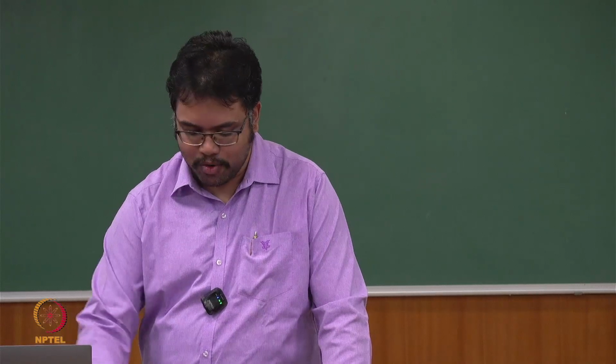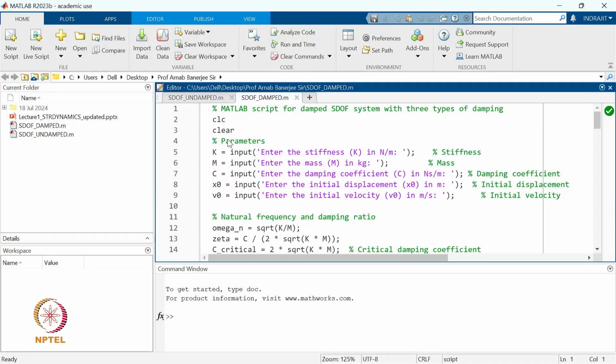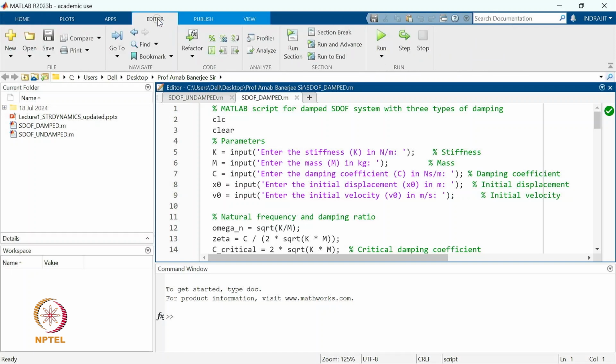So we have the MATLAB code. Here also you can see it as in the last class. You can go to the editor, run. It is first asking to enter the value of the stiffness. Maybe I can just put it randomly, maybe 10.